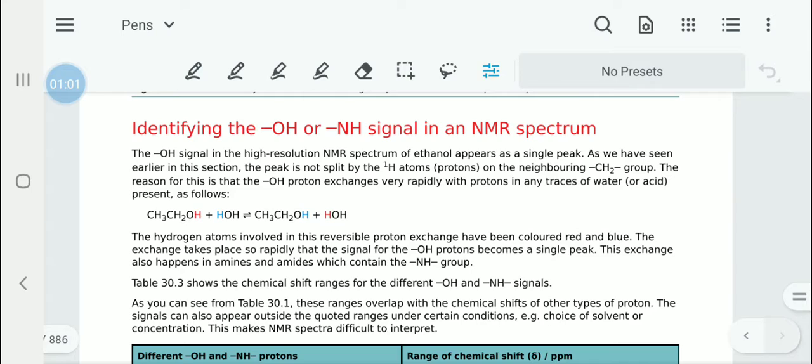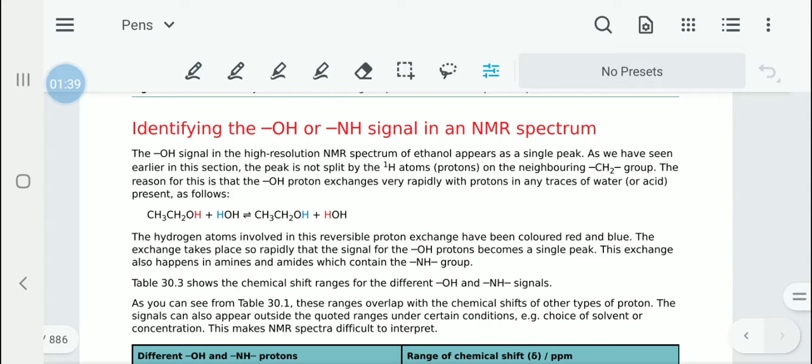The reason for such a single peak is that this H is replaced rapidly by other protons when there is water, so that proton exchanges very rapidly. Here you can see CH3CH2OH. When there is HOH, H2O, it could be water or it could be acid, so this hydrogen will be replaced.